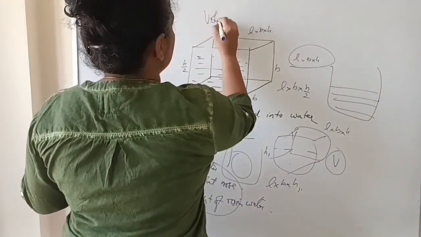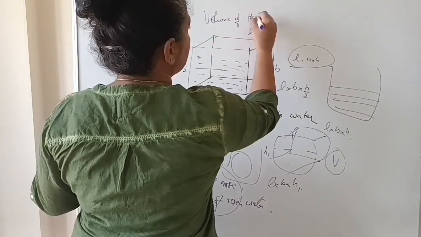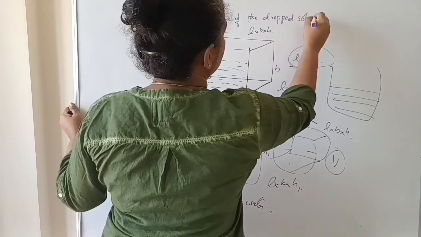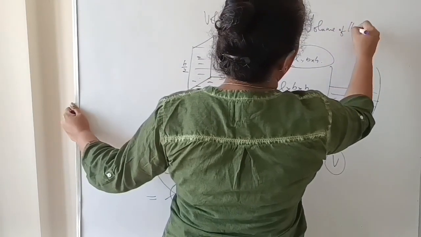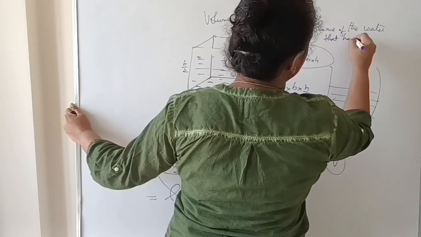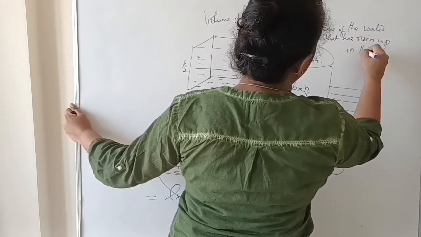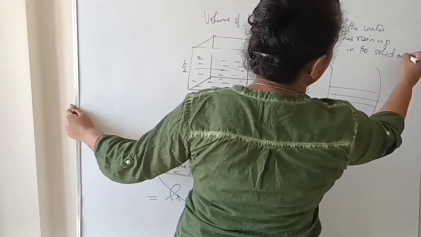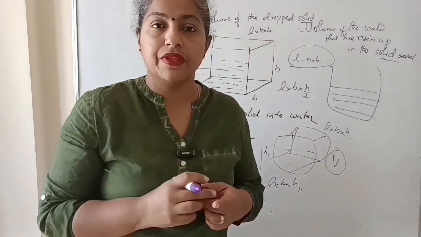So, our basic idea is: volume of the dropped solid is equal to volume of the water that has risen up in the vessel, so that you differentiate between this solid and this solid.